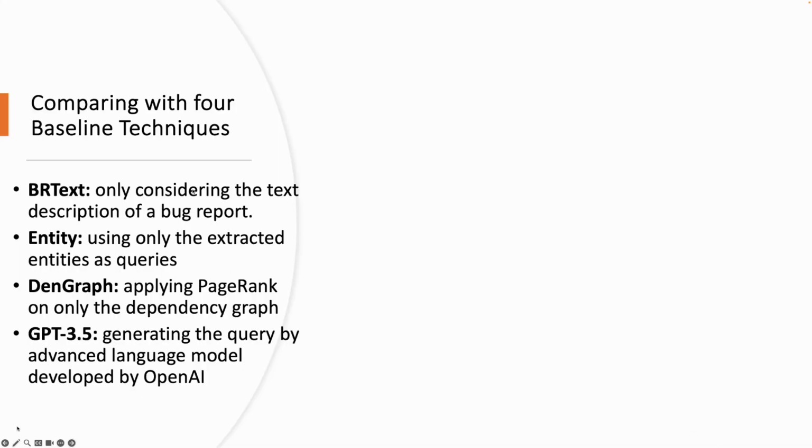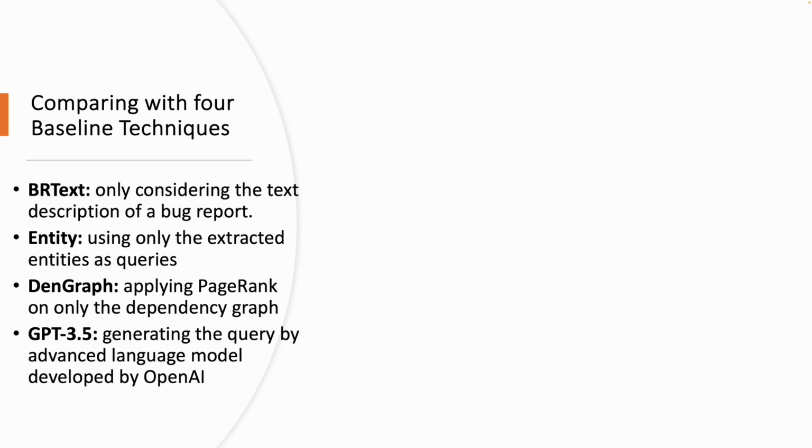We compared our approach with 4 baseline techniques. The baseline query BR text is generated by only considering the text description in a bug report. The baseline entity is generated by extracting entities that belong to the 9 concept types we defined before from a bug report.